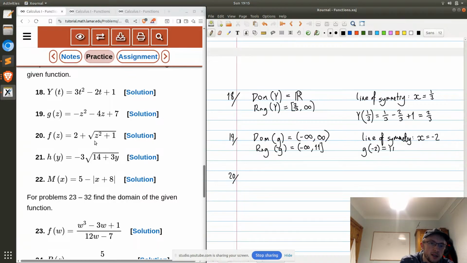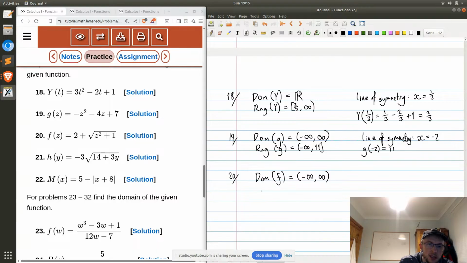However, notice that z is squared, and therefore that ensures that this will always be a positive quantity, and furthermore we're adding 1 to it. So it's all good. So the domain of f is the entire real number line as well.